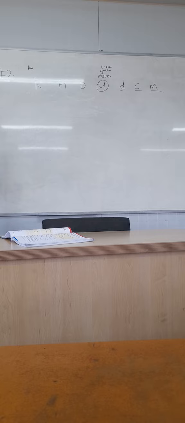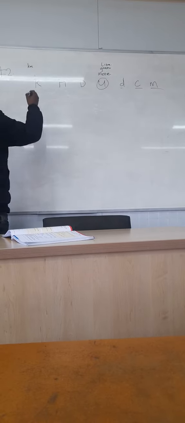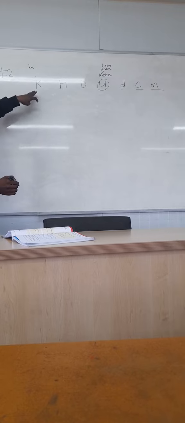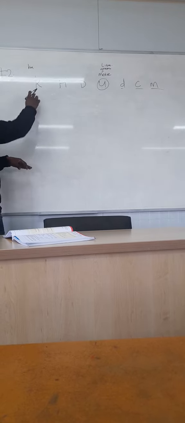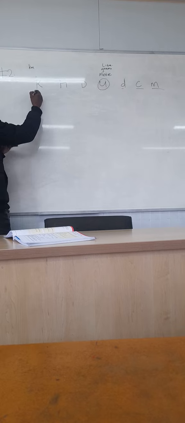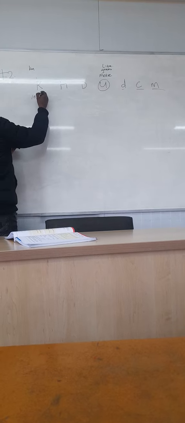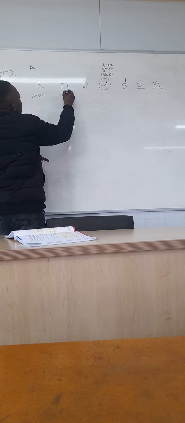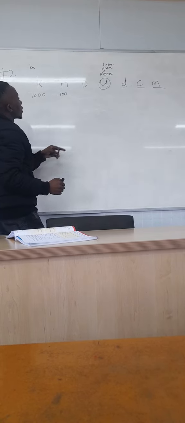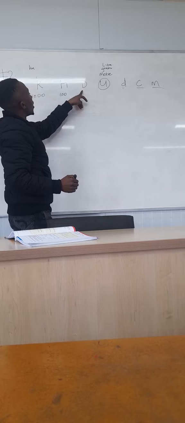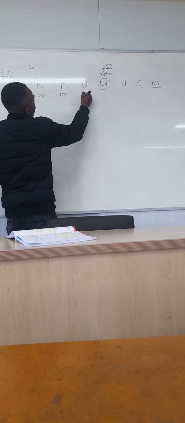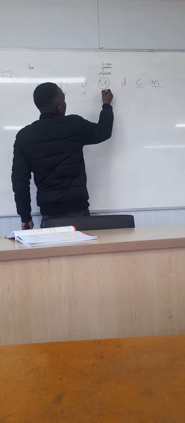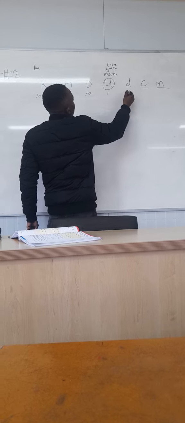Alright. So now remember, a kilo is the same as 1,000. Hecto is the same as 100. A deca is the same as 10. Then here, this is the base unit. You can write 1.